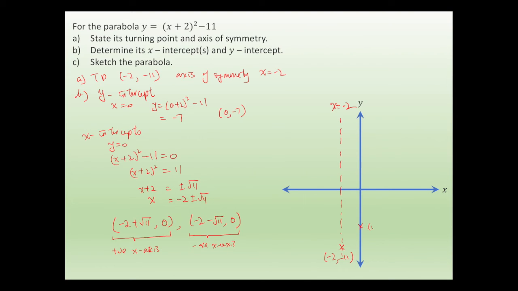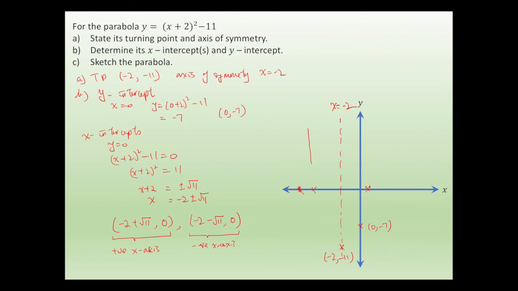So approximately here. And then you know that the x-intercept, one is somewhere around here, and one would be somewhere around here. Remember, because of symmetry, the distance from here should be about the same as the distance from there. In fact, I plotted this a bit too far away. That should be around here.